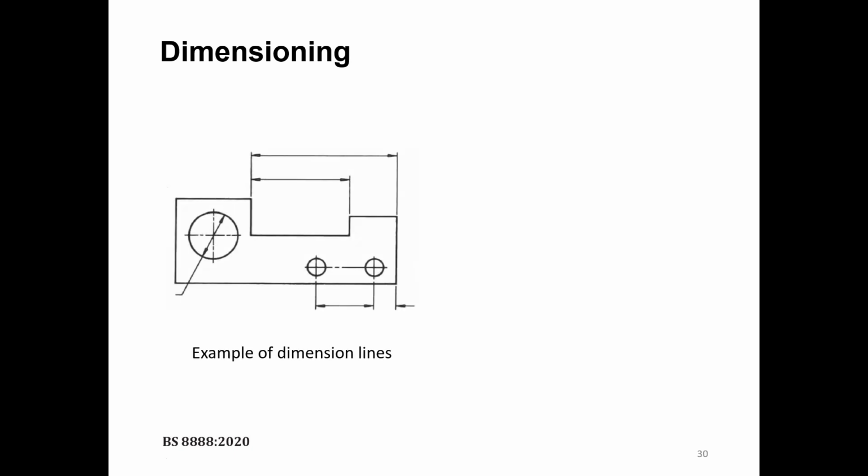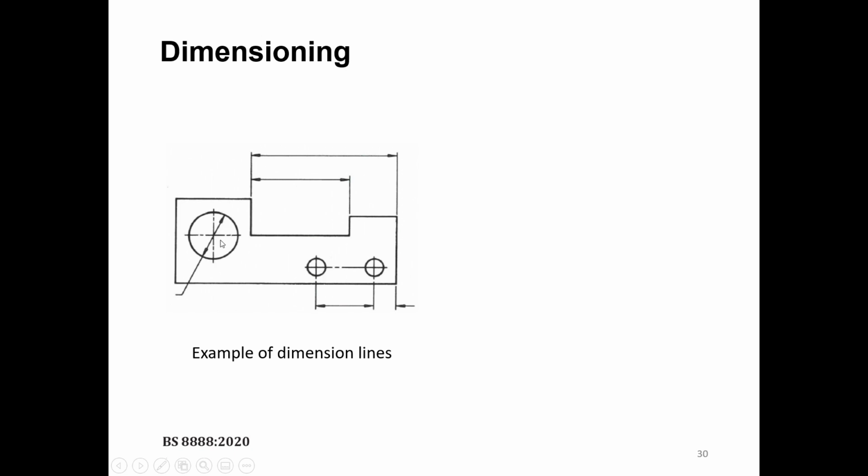Okay. So what you see here is a view, could be a front view, for example. And this is an example of dimension lines. See, for example, this is a dimension line for this slot here. This is another dimension line to show the distance between these two holes.